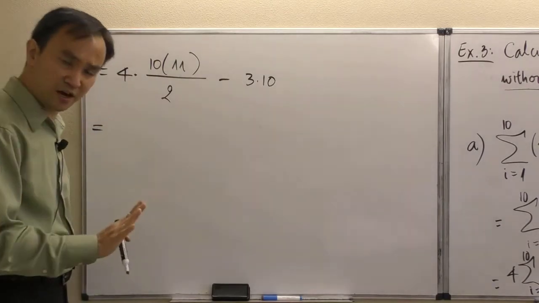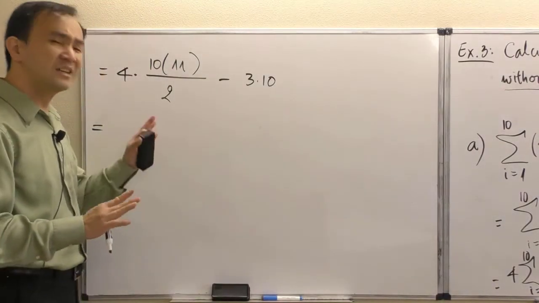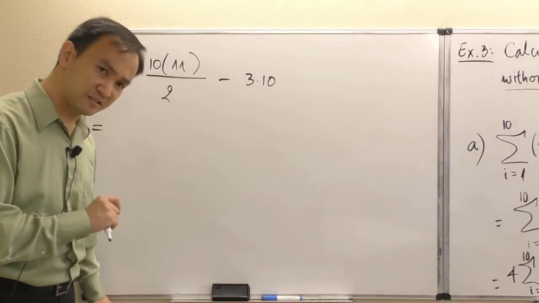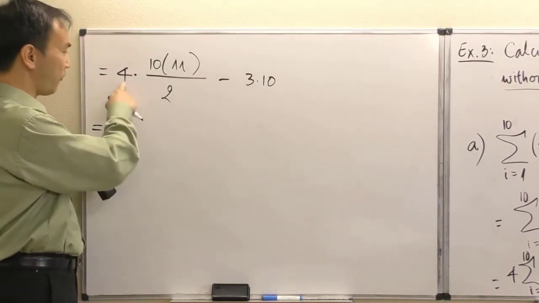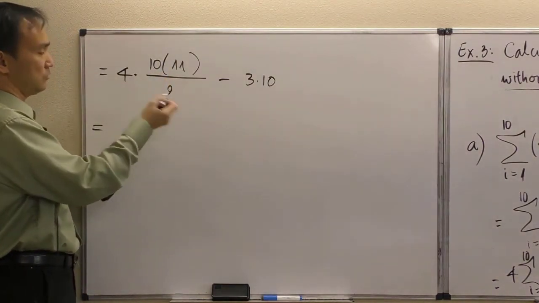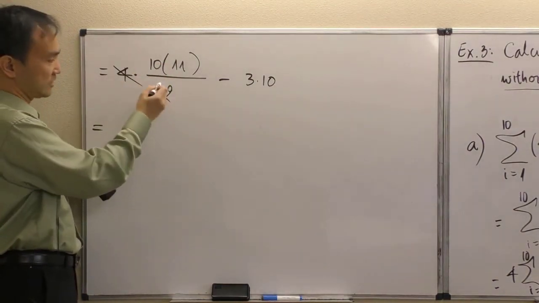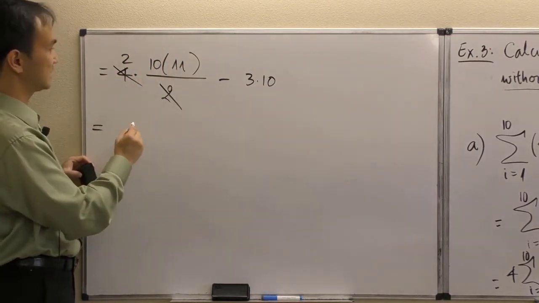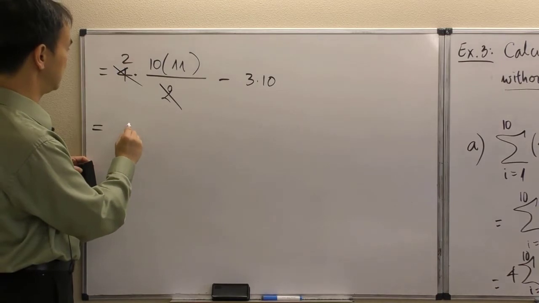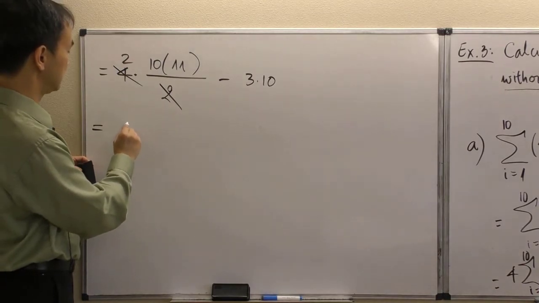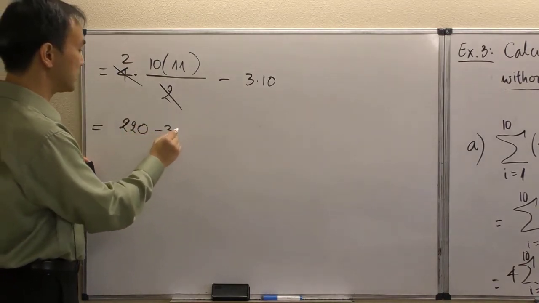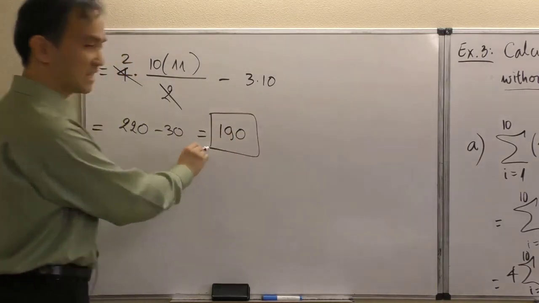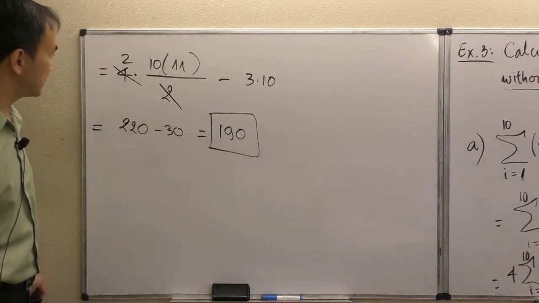I did not have to add up the terms at all. The calculation does get a little lengthy, but that is simply because I added a lot of explanations. The 4 cancels with 2, and there are a lot of ways you can see that. So now it's 20 times 11, which gives 220, but we're subtracting 30. So the final answer comes out to 190.